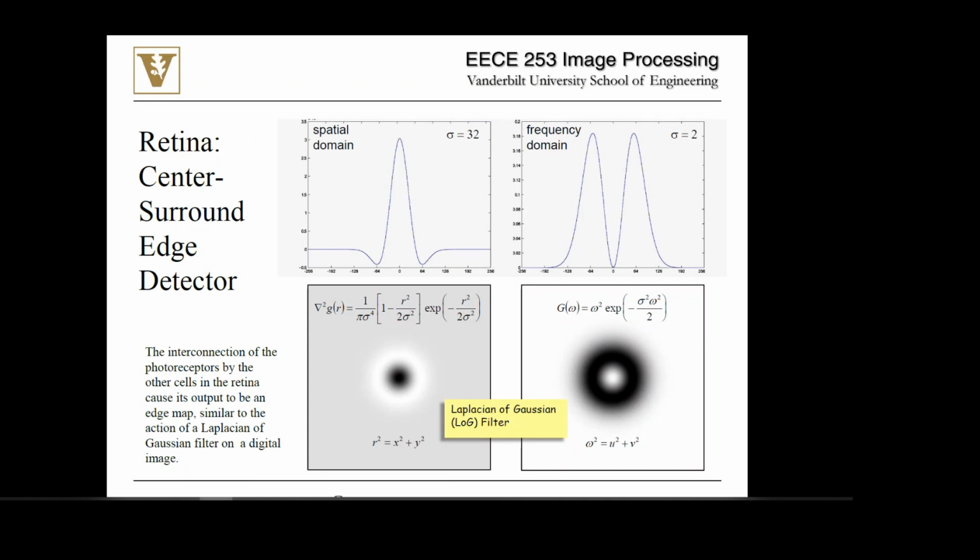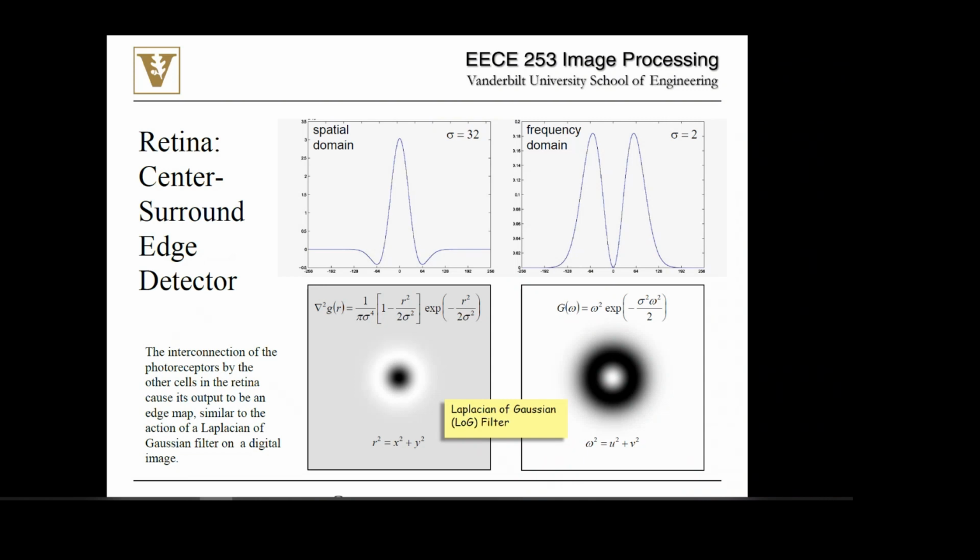The way that is useful is by convolving with this function. So this function somehow, if a cell is activated, the nearby cells are deactivated. This function here is called the Laplacian of the Gaussian.